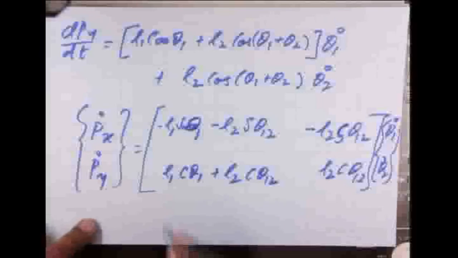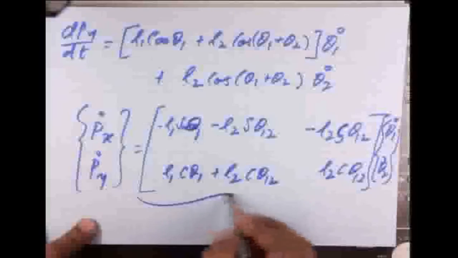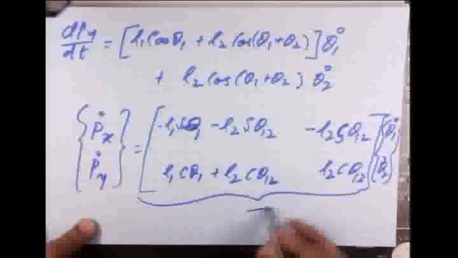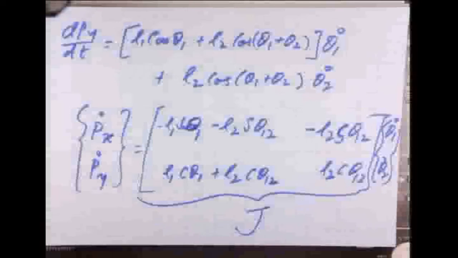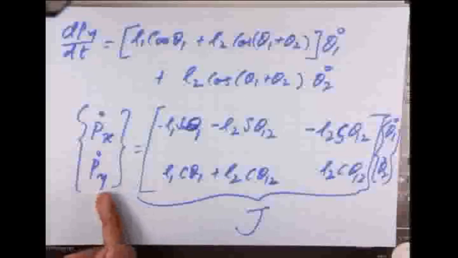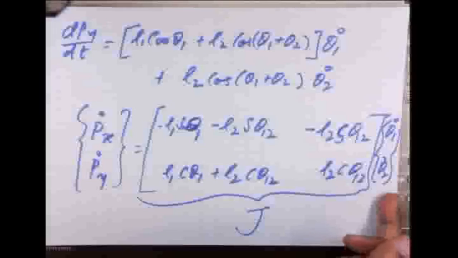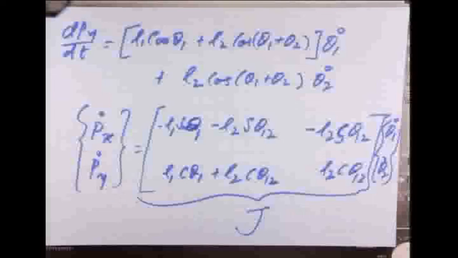And this is the Jacobian J. Actually, on second thought, I should have just converted it here, it's not too bad, okay. So this is the Jacobian which relates derivatives in the Cartesian system to derivatives in the joint coordinate systems, okay.